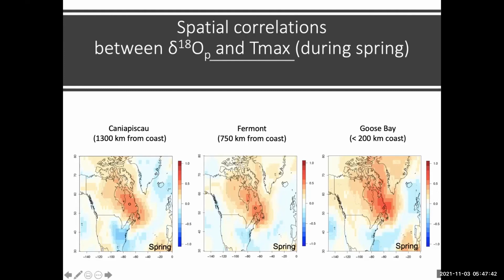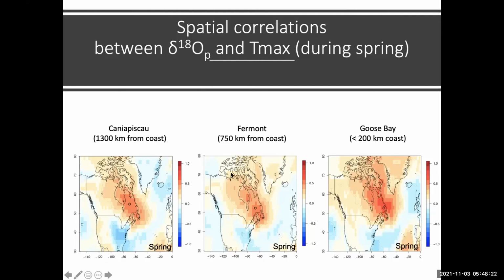We analyze the delta O18 signature of precipitation and the maximum temperature, and we look at how these spatial patterns evolve. And what we see is that in the spring, that's the period where it's the most sensitive, we clearly see in the Labrador Sea that there is a strong connection between the precipitation signature of water and maximum temperature, and that it's really strong in the spring period, right?